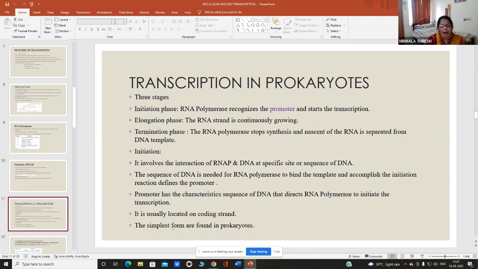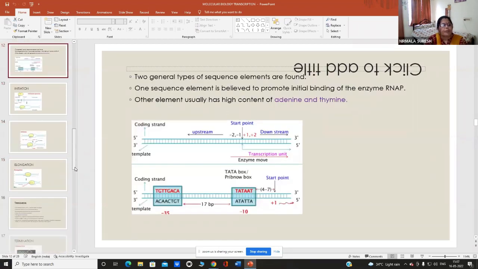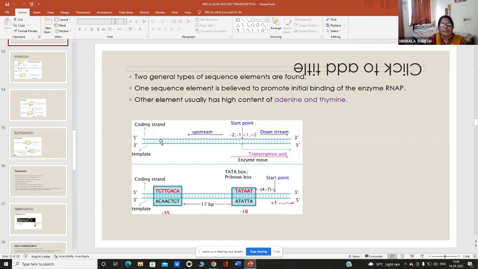The simplest forms are found in prokaryotes. Two general types of sequence elements are found. One sequence element is believed to promote the initial binding of the enzyme RNAP, for RNA polymerase.